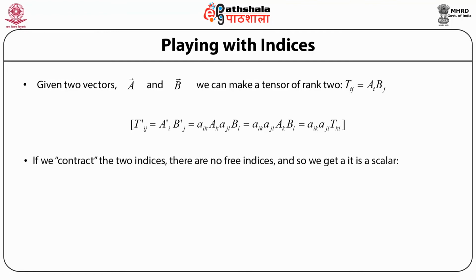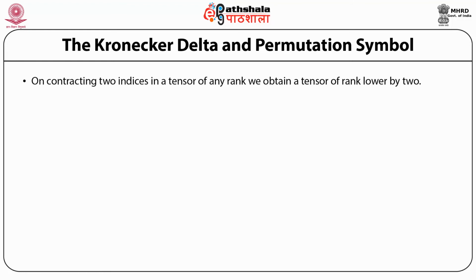If we contract the two indices, there are no free indices, and so we get a scalar. So T dash ii equals Aik Ail Tkl equals delta kl Tkl equals Tkk. On contracting two indices in a tensor of any rank, we obtain a tensor of rank lower by 2.